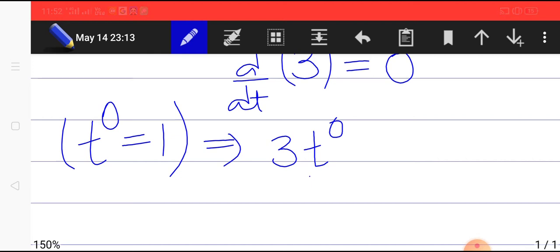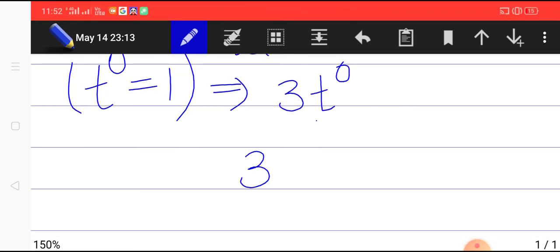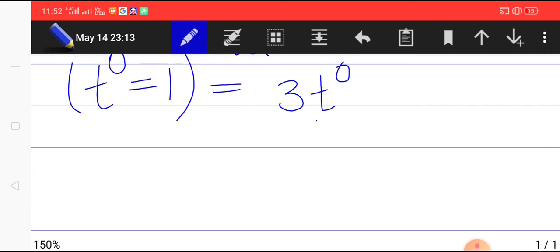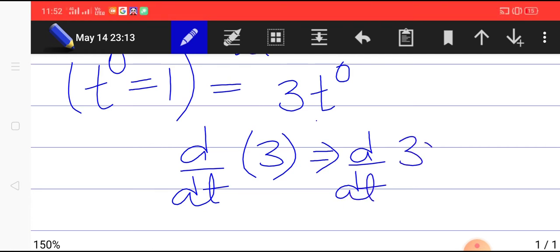So if you apply the formula of differentiation on this, rules will remain same. If you are differentiating t raised to power 0, 3 is in multiplication, it may stay out of differentiation. Let me tell you again how we differentiate 3. You can differentiate 3 by considering 3 multiplied by t raised to power 0.